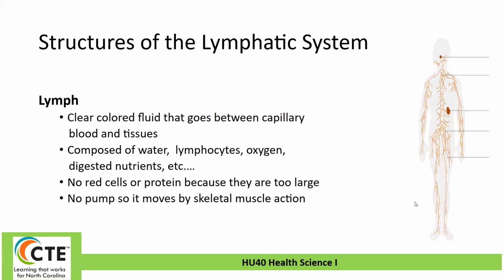All right, so we're going to start with the structure of the lymphatic system. So we have what is called lymph. This is going to be our clear fluid that goes between our capillary blood and tissue. So it's just running throughout our body. It is composed of water, lymphocytes, oxygen, digested nutrients.